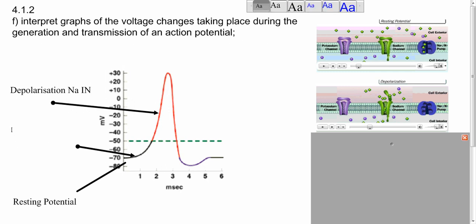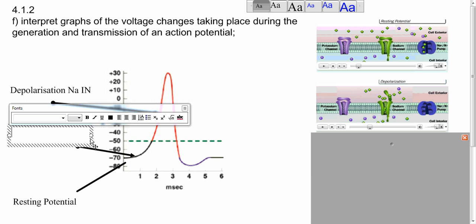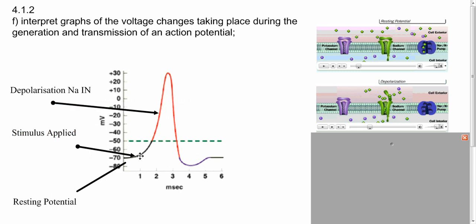Whatever that stimulus may have been, it may have been a change in light, change in sound, a change in temperature, but you need to be able to identify where the stimulus was applied on that graph. So you see then the depolarization stage begins, and that implies that the sodium channels have opened and the sodium ions are rushing in.